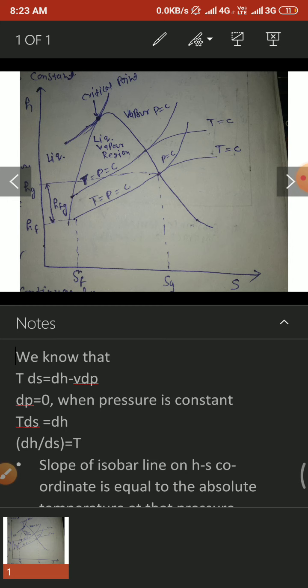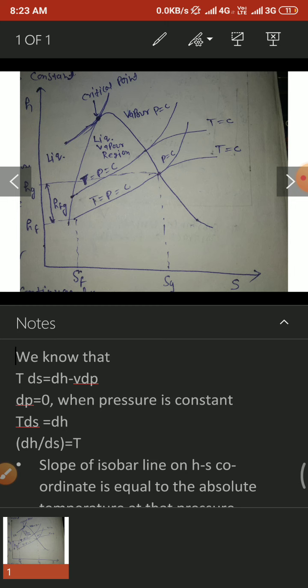The slope of constant pressure line within the wet region is equal to absolute temperature. The difference between enthalpies of saturated vapor and saturated liquid at the same saturation pressure line is known as latent heat of vaporization.